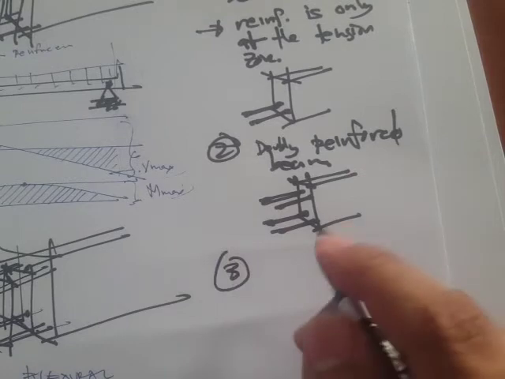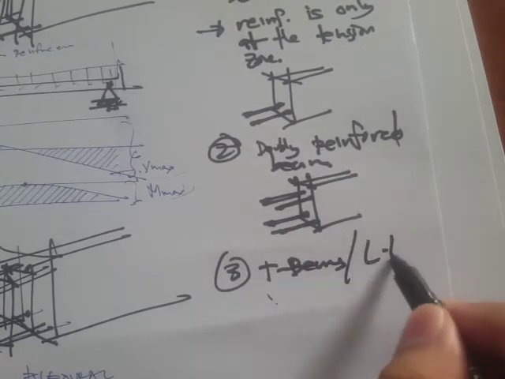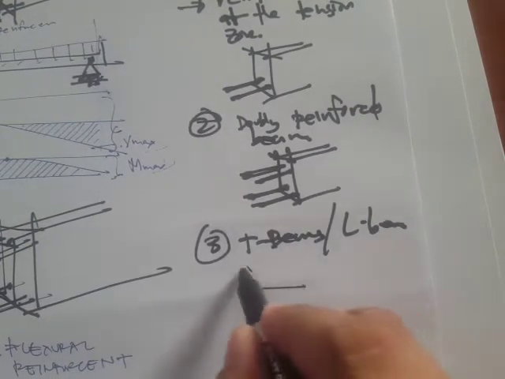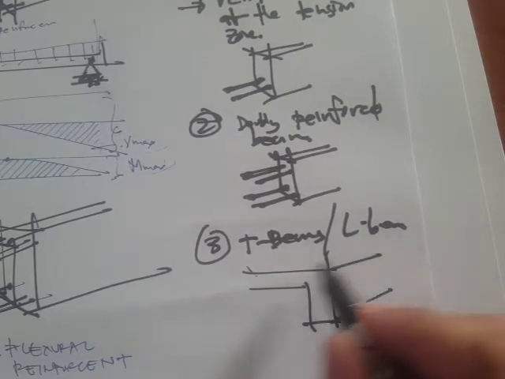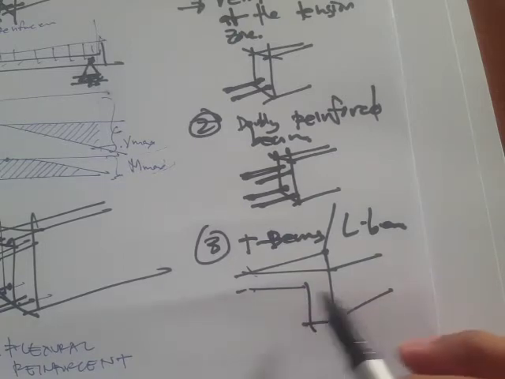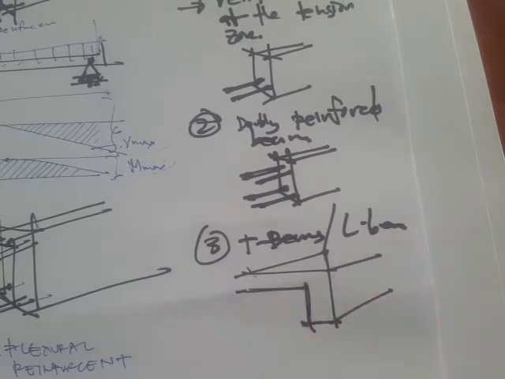And then number three, we have T-beams or L-beams. Basically, it happens when you cast the beams and the slabs monolithically. Meaning you pour the concrete mix into the slab formworks and the beam formworks, and they set together, at the same time.